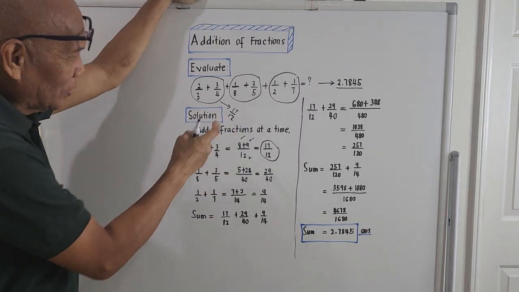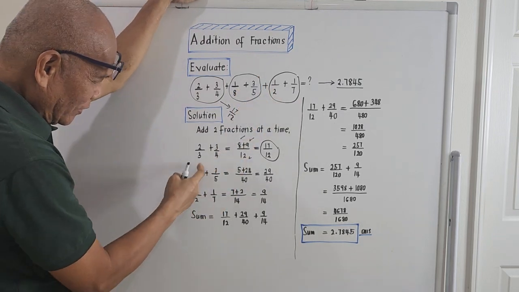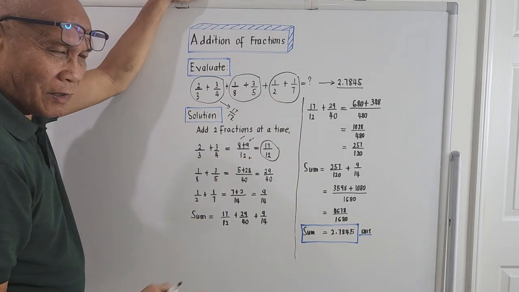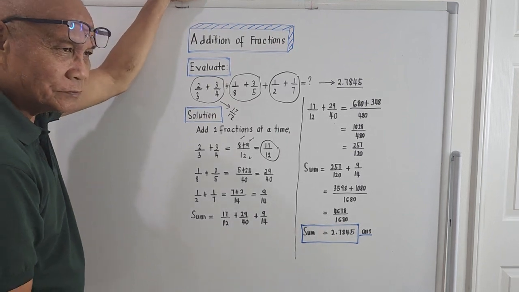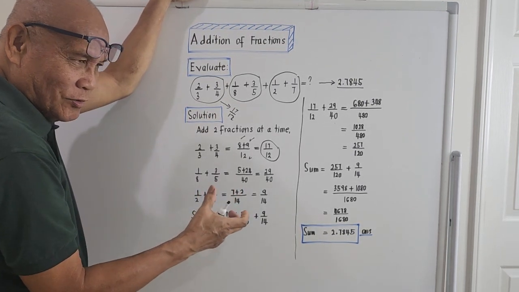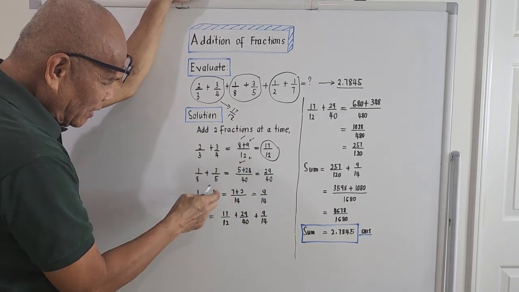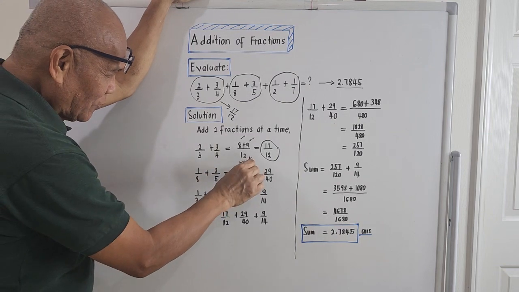Next, we'll combine 1/8 plus 3/5, again by using the butterfly method, because we are combining fractions with dissimilar terms. The numerator will be the product of 1 times 5, which is 5, and 3 times 8, which is 24.